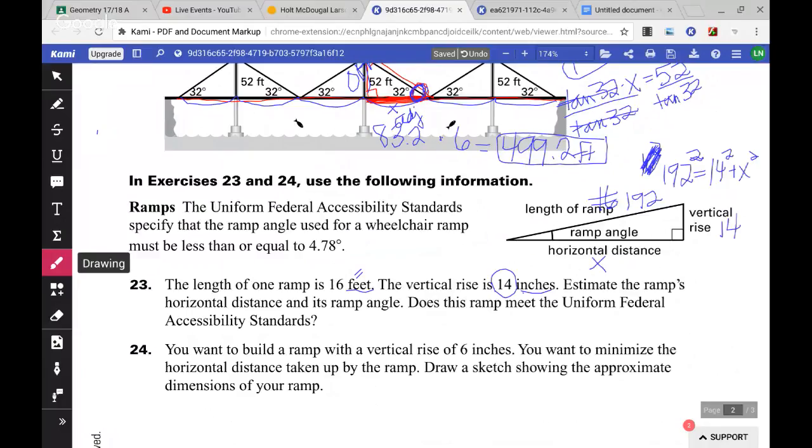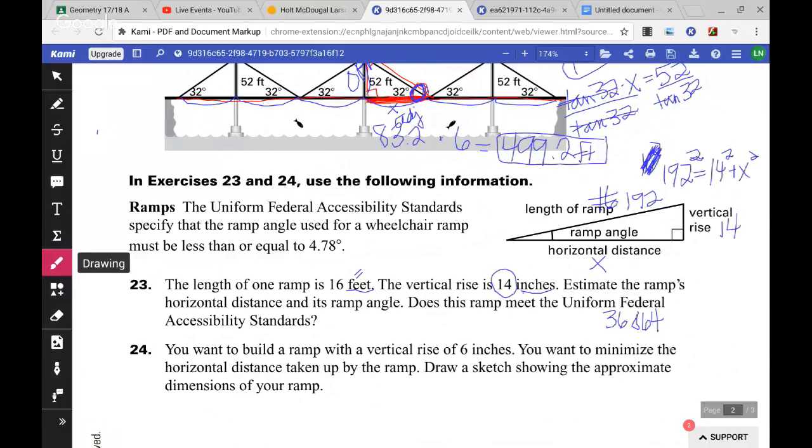So it's big, but I got 36,864 equals 196 plus x squared. So you already have that number in your calculator.